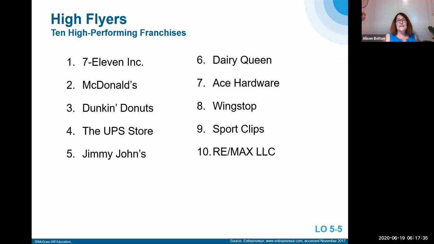The best 10 high-performing franchises, and we all know 7-Eleven's number one, and of course McDonald's. Interesting that 7-Eleven is ahead of McDonald's, but 7-Eleven sells so much more than McDonald's, right? Dunkin' Donuts, the UPS Store, they have grown in leaps and bounds for what they do for people. Jimmy John's, I don't know Jimmy John's.